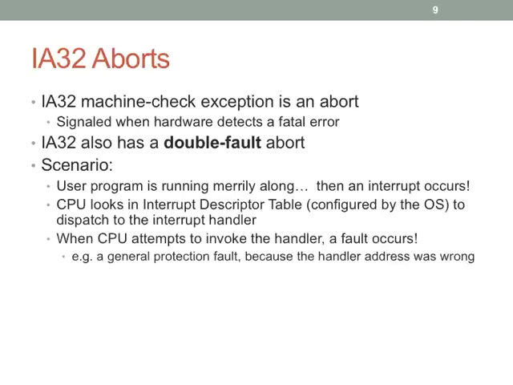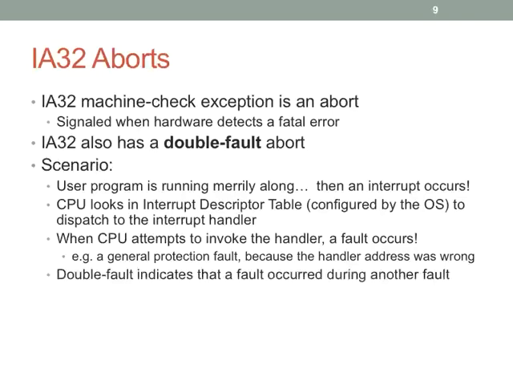And so the CPU tries to invoke the handler, and in the process of invoking it, we get another issue, typically a fault. So let's say that the handler is not in the address space, or it's not allowed to be executed because there's a protection level issue. You could have a number of other things that could occur as well. But we basically have a fault in the process of dispatching an interrupt. So that's a double fault. Okay.